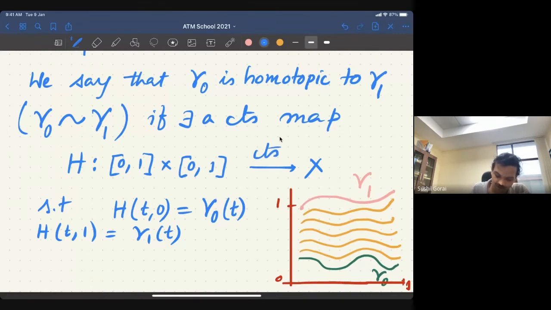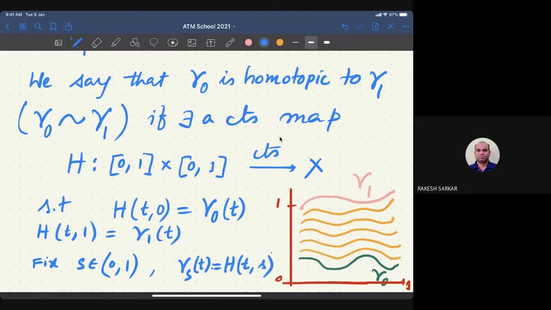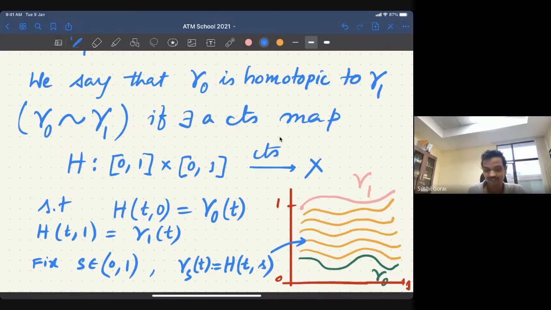Fix s in 0 and 1, let's say open 0 and 1. So you define gamma s of t as H of t comma s, right? Okay, sir. Oh, okay. Thanks.